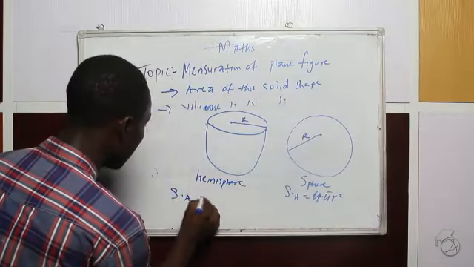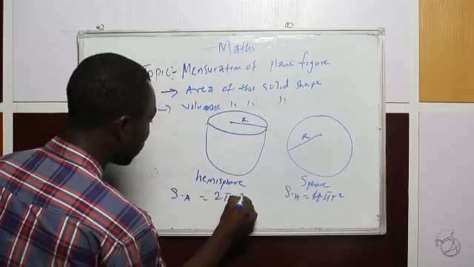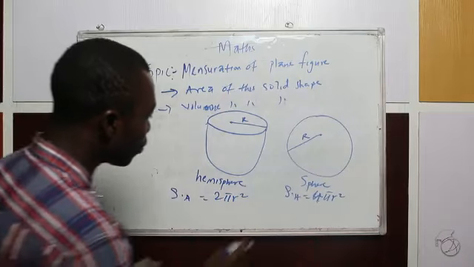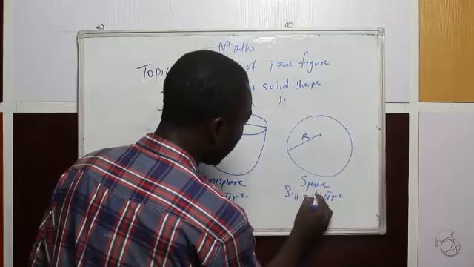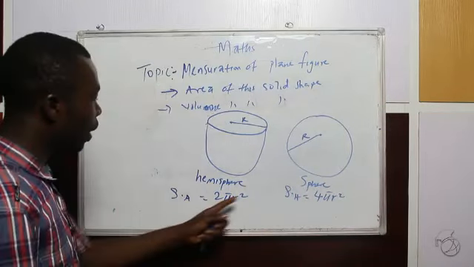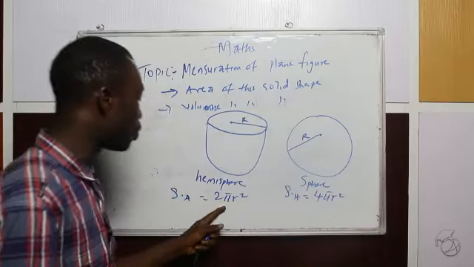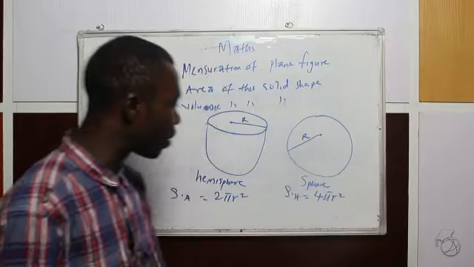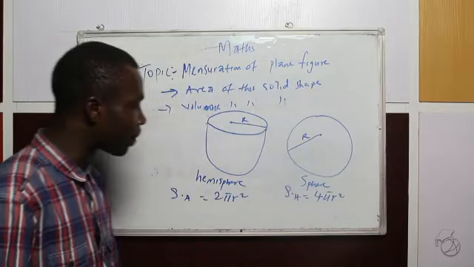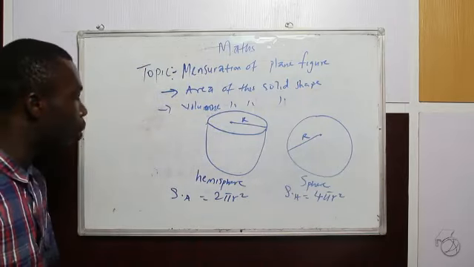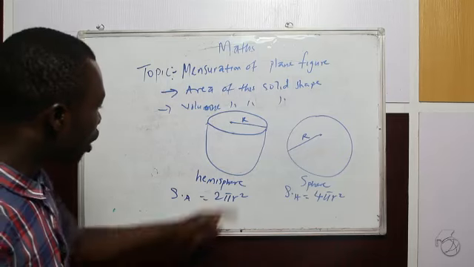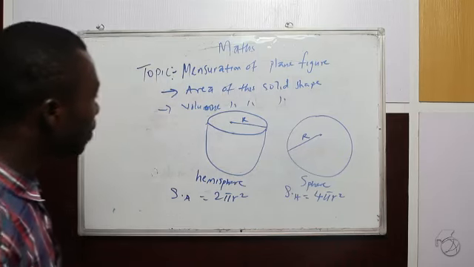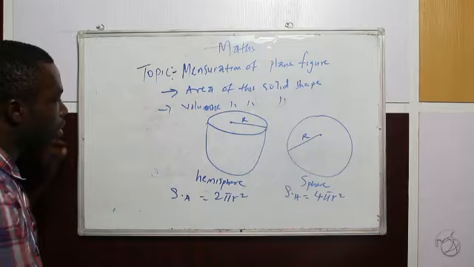So the difference between sphere and hemisphere is that you divide into two. You get 2 pi r squared for the surface area of a hemisphere, and for the surface area of a sphere we have 4 pi r squared. I'll give an example on hemisphere so that you know there is a difference in their calculations.